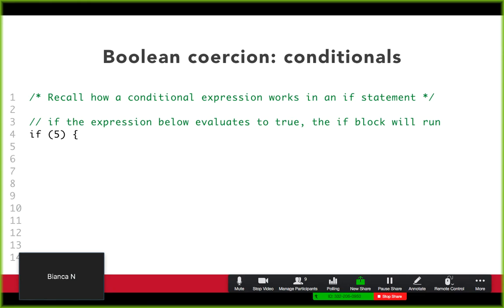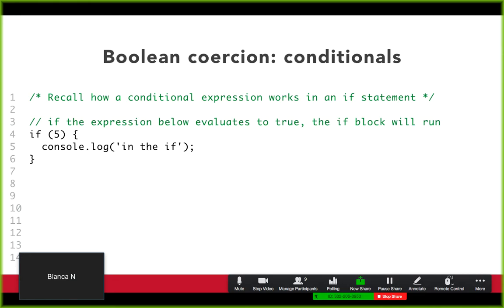And so it doesn't actually matter what you put inside the parentheses. I mentioned JavaScript is going to do its best to convert it into a Boolean. That's exactly what Boolean coercion is: it will try to take whatever value you give it and convert it into a Boolean. So on line 4 there, if I have an if statement, and rather than passing in if this number is less than 5 or if this string equals David, I just put in a 5, well, JavaScript's going to say, okay, what'd you put in between the parentheses?